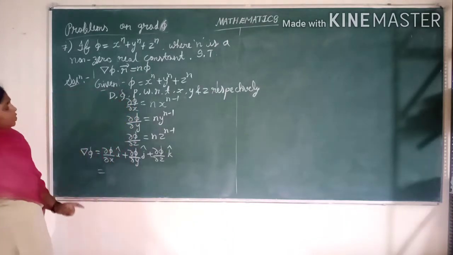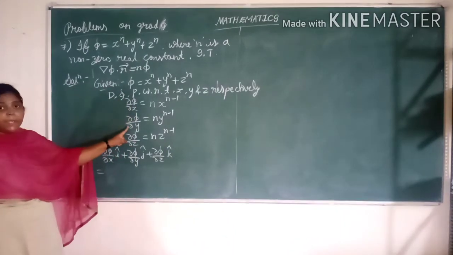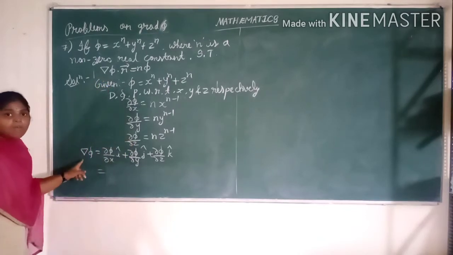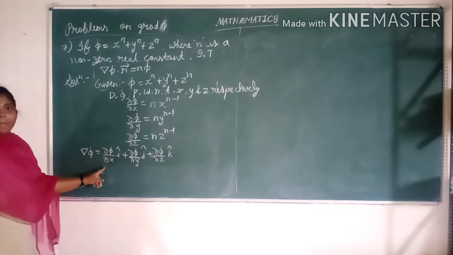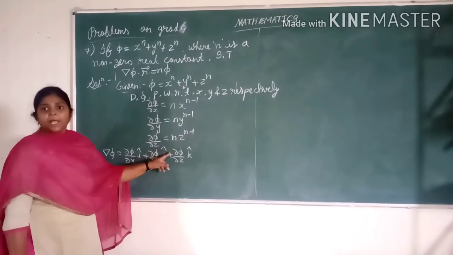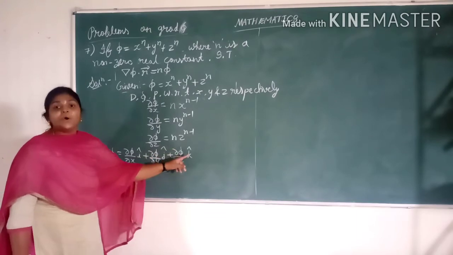After finding the partial derivatives ∂φ/∂x, ∂φ/∂y, and ∂φ/∂z, write down the formula first. What is the formula for grad φ? It equals ∂φ/∂x into i cap plus ∂φ/∂y into j cap plus ∂φ/∂z into k cap.